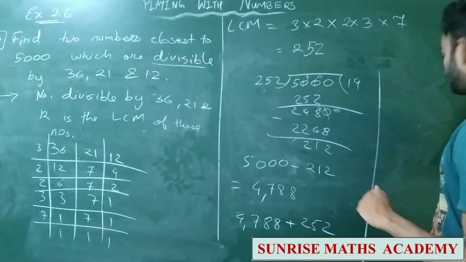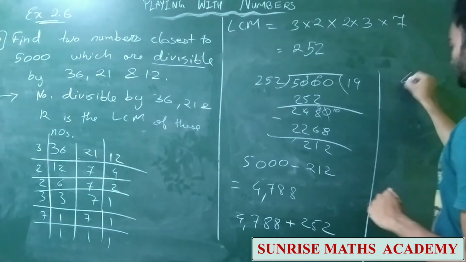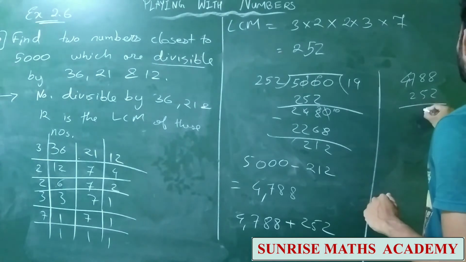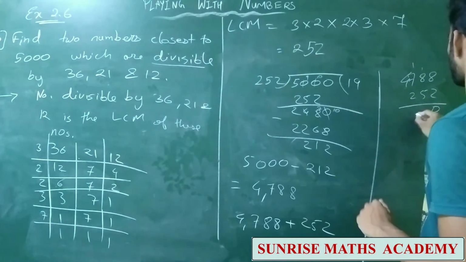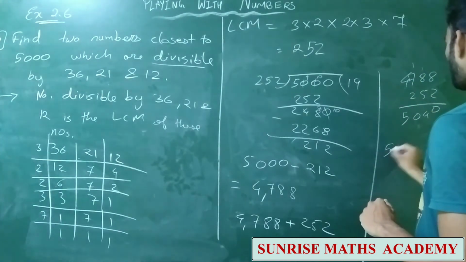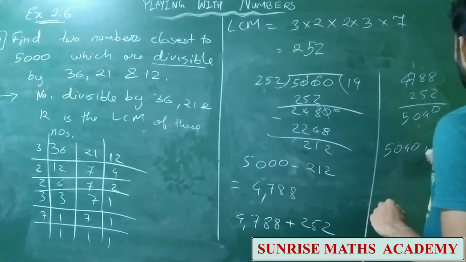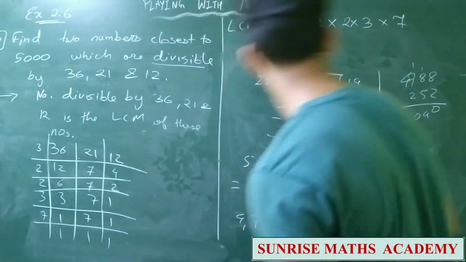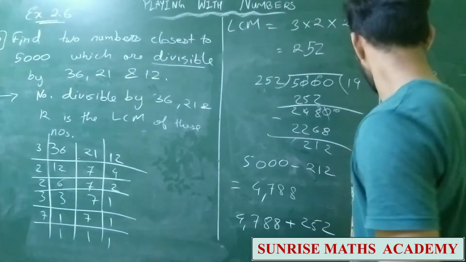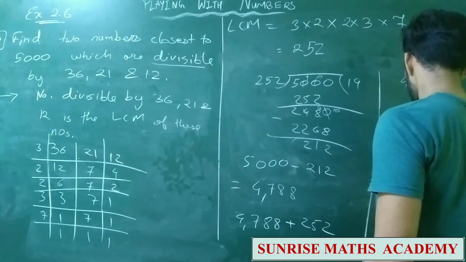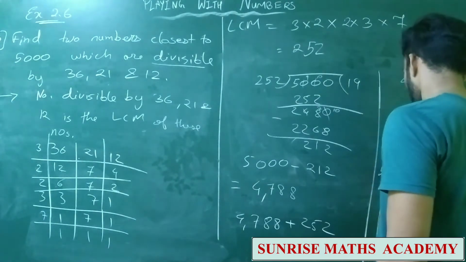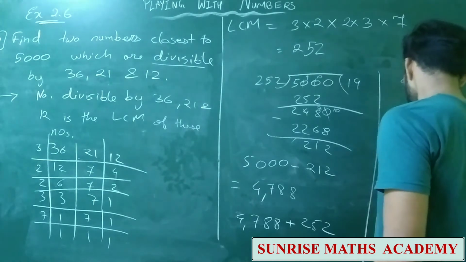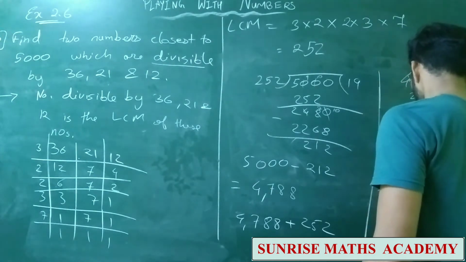So we add, so 5040. Or we can write, 4788 and 5040 are the required numbers.